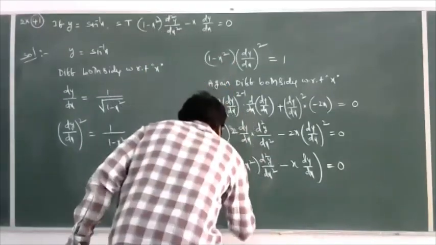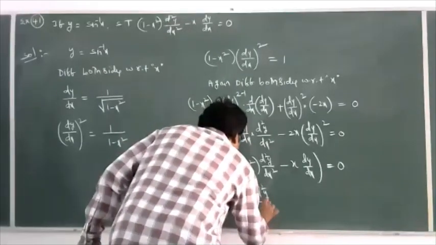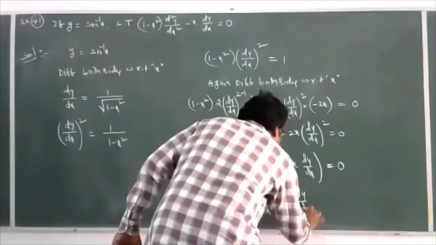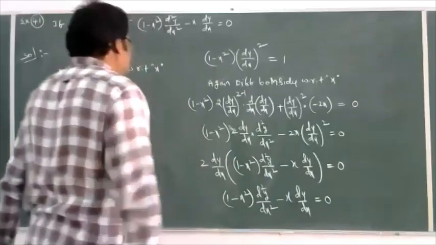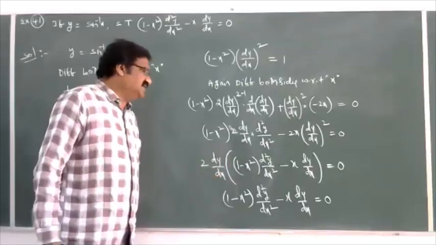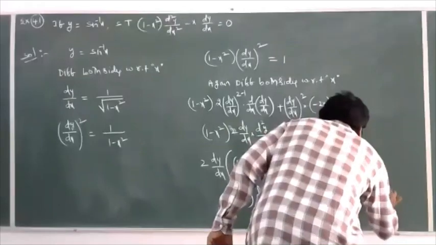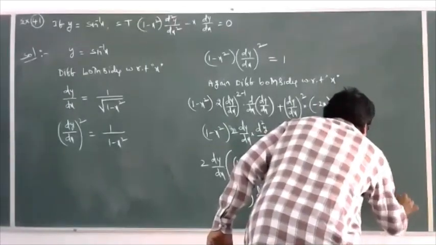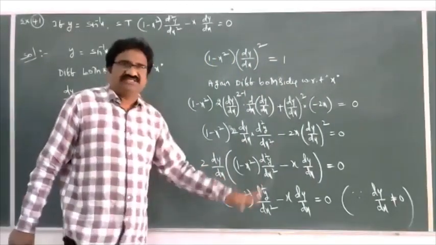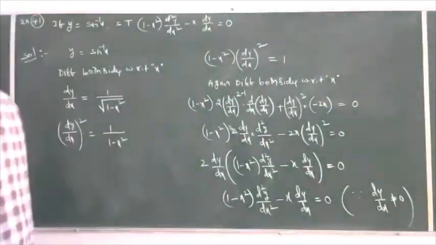That's why here you write 1 minus x square into d square y by dx square minus x into dy by dx is equal to 0, since dy by dx is not equal to 0. That's one example.